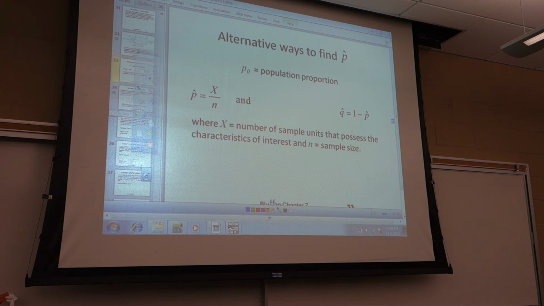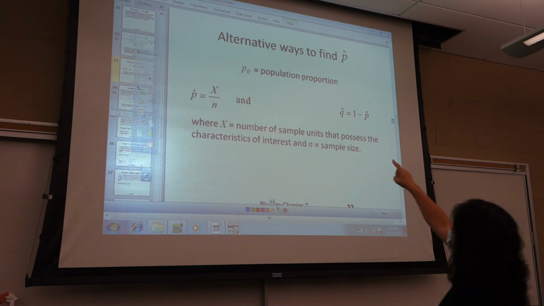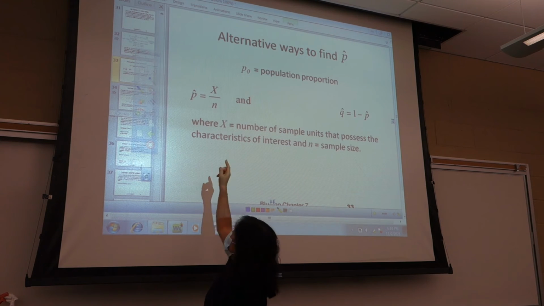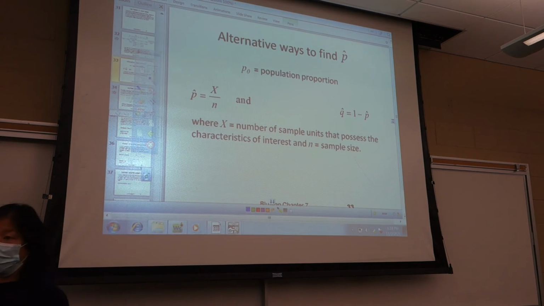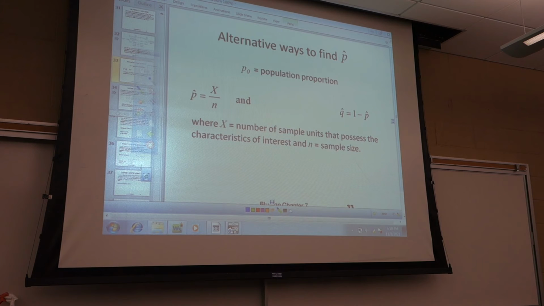If there is a percent symbol, then I'm giving you the percentage. If you need to find the percentage, this is how you find it. x divided by n, x being the smaller number. So it might be something like 13 out of 47 people ride the bus to work. So 13 divided by 47, that would be your p hat.